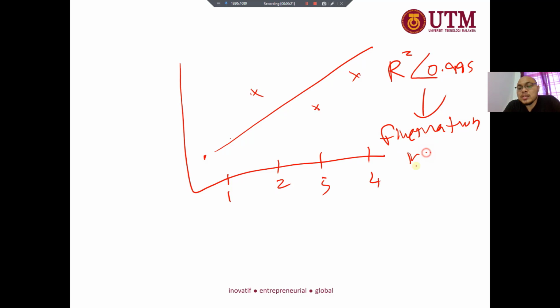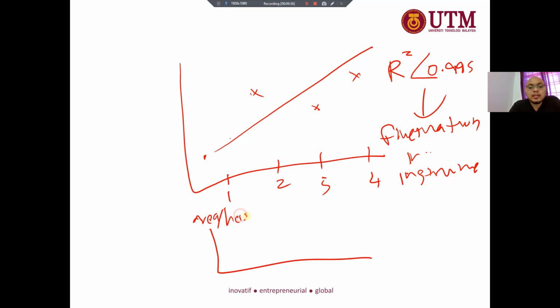So to compensate for the fluctuation in instrumentation, you need to use the peak area ratio, or height ratio. Then you will get a very good R squared value. If you compare with the normal method, they use just the absorbance or peak area.